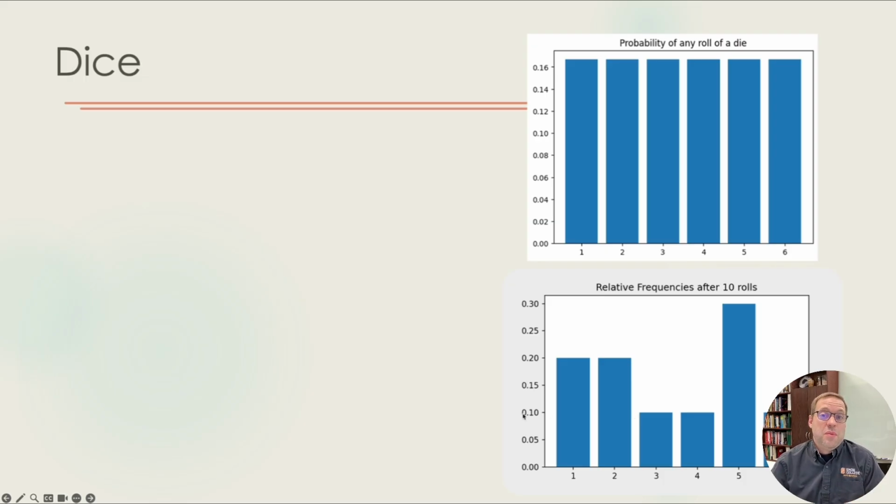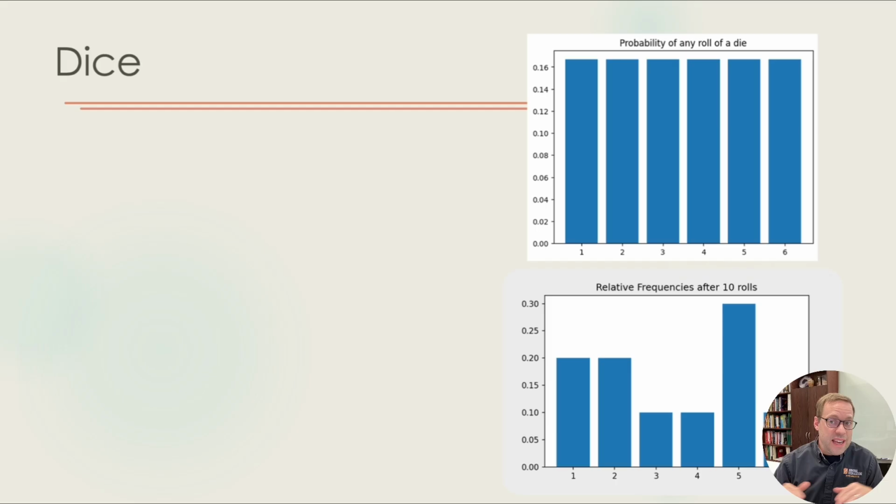So what happened? Well, real life happened. Even though there's only a 16.67% chance of rolling a 5, there's a chance that I could keep rolling a whole lot of 5s. I could roll 10 5s in a row, and all 10 rolls would be 5s. There is that possibility. So real life happens.